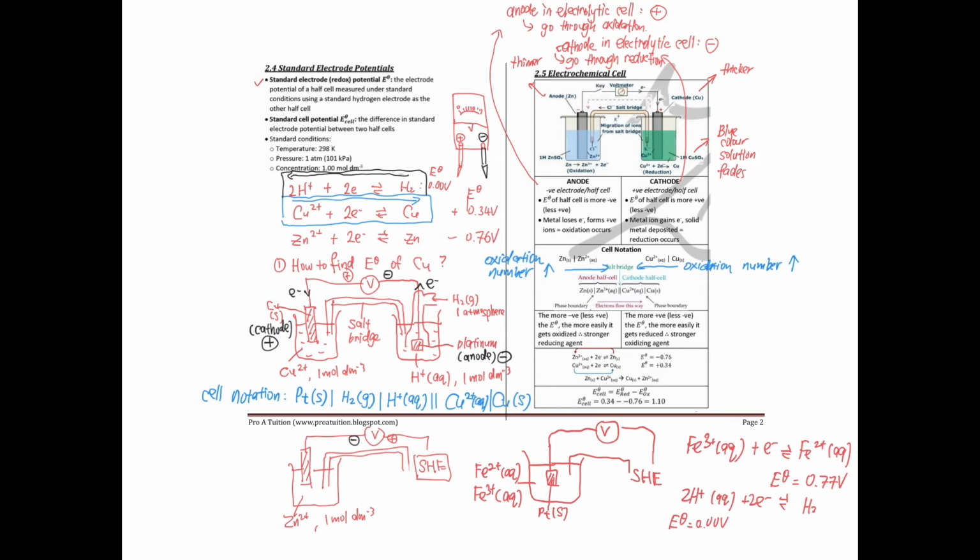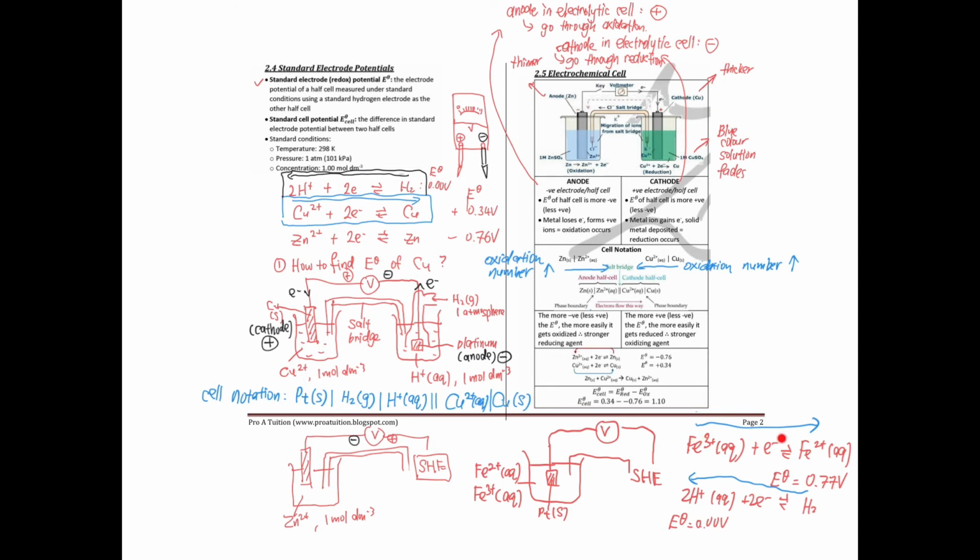Now let's understand it in the same way. First, let's decide who is more positive and who is more negative. Obviously 0.77 volt is more positive, so we should expect it to go forward. And 0.00 volt for the hydrogen, the SHE, is more negative, so we should expect it to go backwards. I just draw an arrow here, go backwards. If it goes forward, that means it is going through reduction.